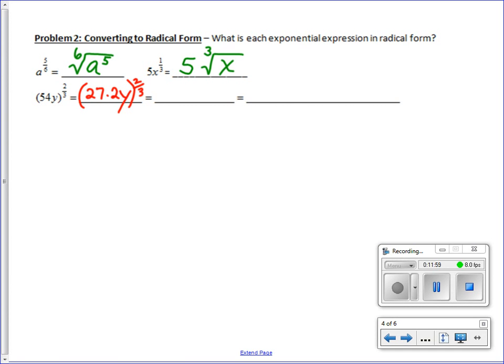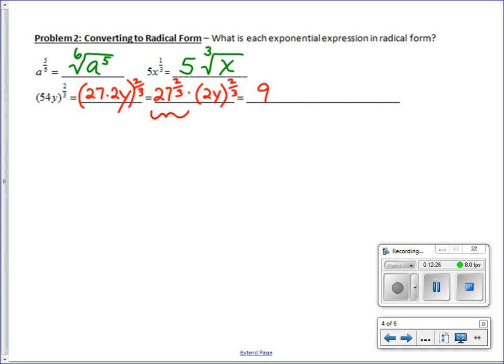So applying our exponent to each of these factors, we would have 27 to the 2/3 power times 2y taken to the 2/3 power. All right, 27 to the 2/3 power. We're looking for the cube root of 27, which is 3, and then we square that, which gives us 9.